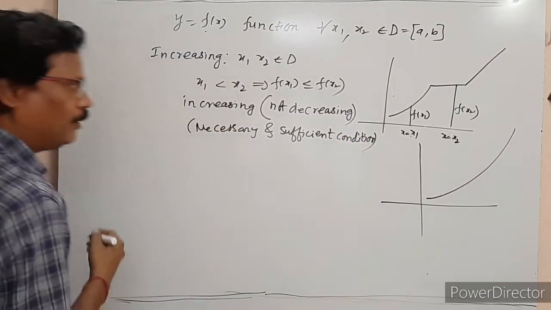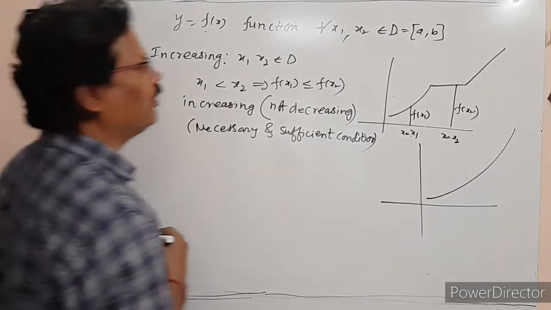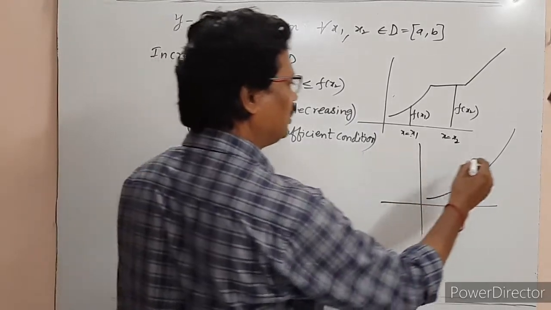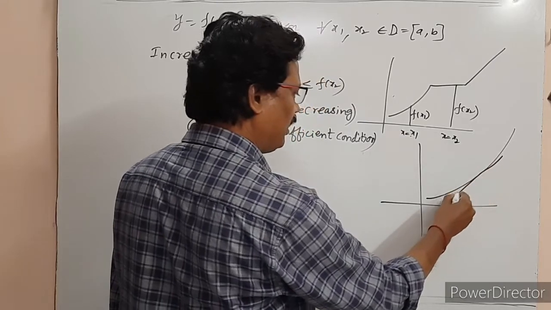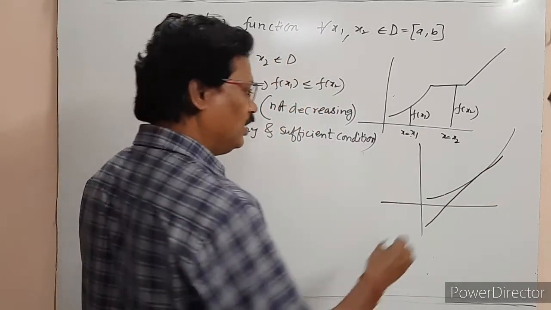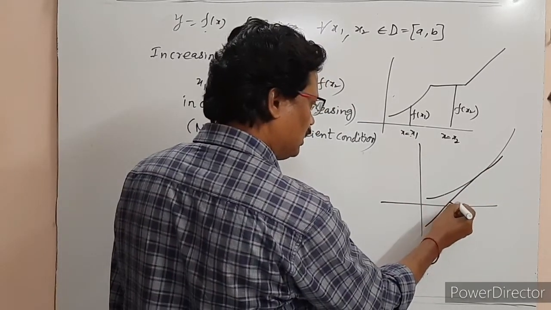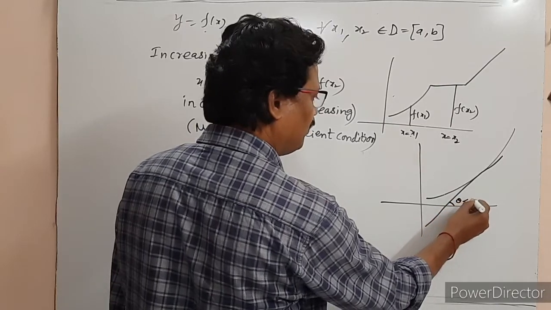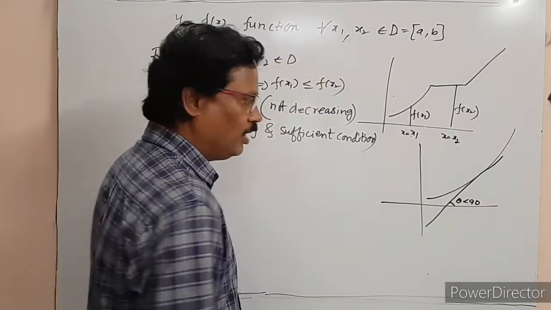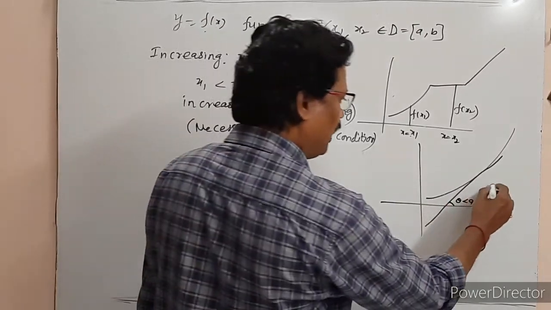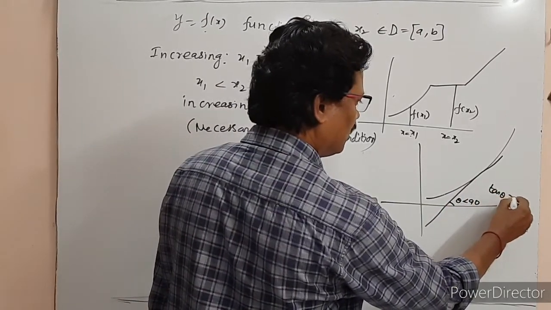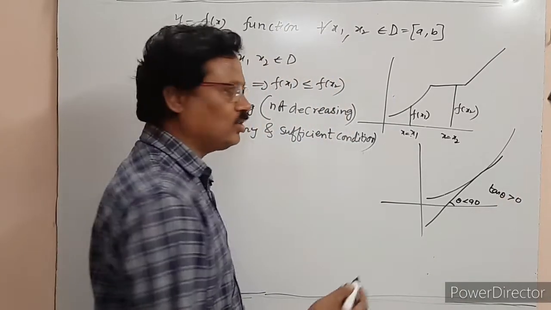Now if we take the derivative, suppose this is f(x). For f(x) I am drawing the tangent. The tangent's inclination is less than 90. Therefore tan theta is called the tangent slope. Tan theta is a positive number. What is tan theta? Slope.